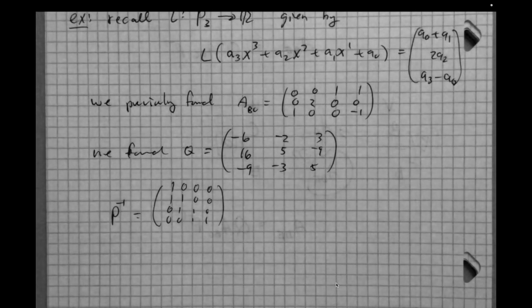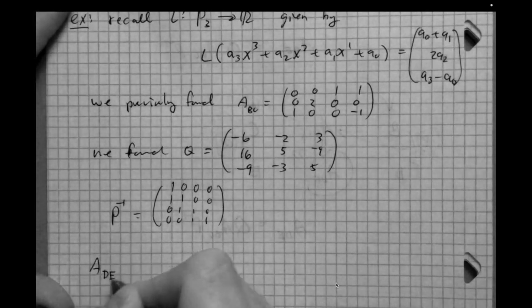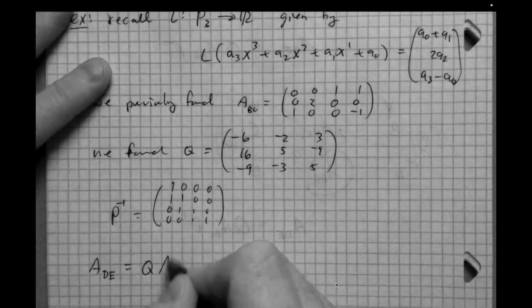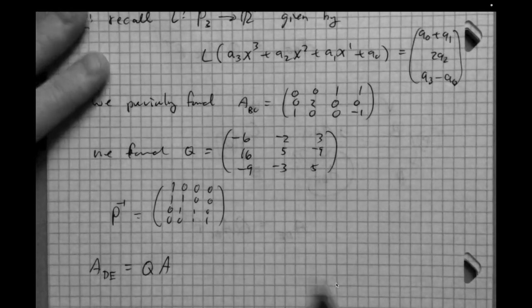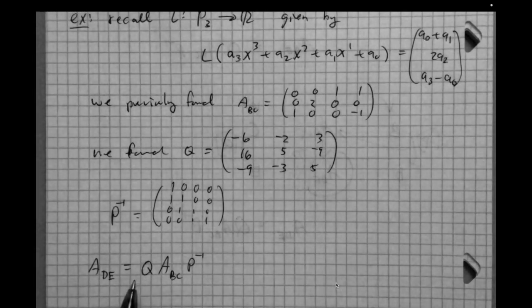Please verify for yourself. Okay, and so what this previous theorem says is that I can find A sub DE as Q times the linear transformation matrix I know, which is A sub BC, times P inverse.